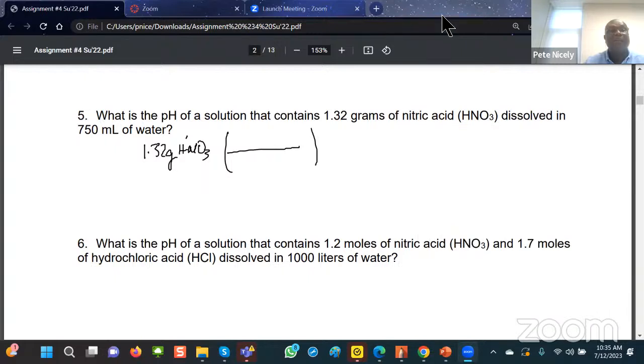So up here, you're going to have 1 mole of HNO3. I think I calculated the molar mass of nitric acid, which is 63.01 grams. That goes here, 63.01 grams of HNO3. What's the next step?